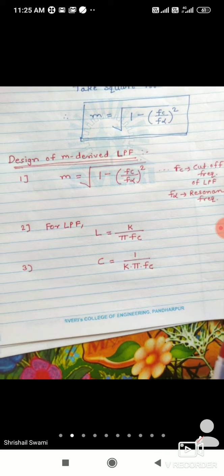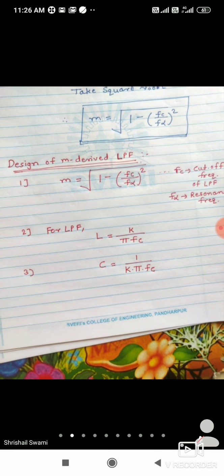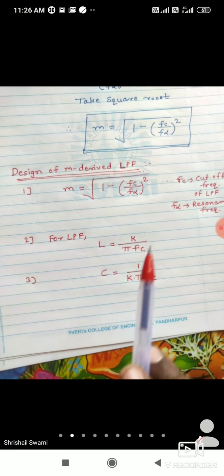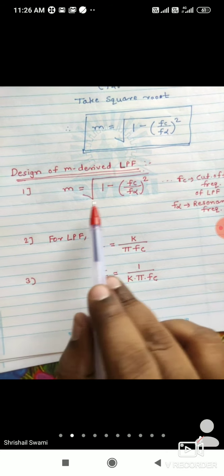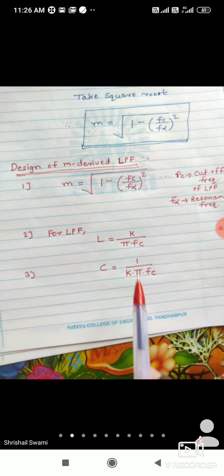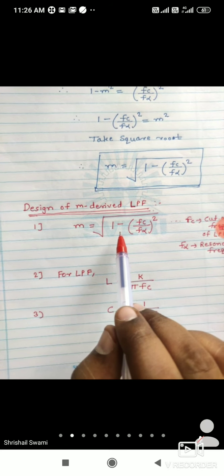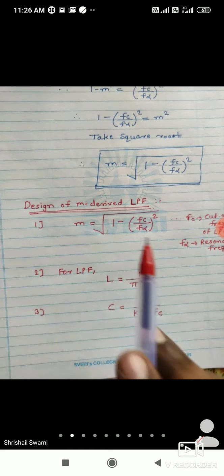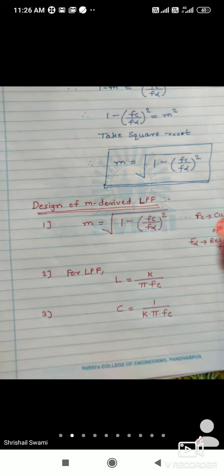So this will be the new formula for getting the design of m derived. These two will remain the same compared to the low pass filter. The L and C formulas remain the same. Only the new factor will be the expression of m. So these three formulas we require to design the m derived low pass filter.